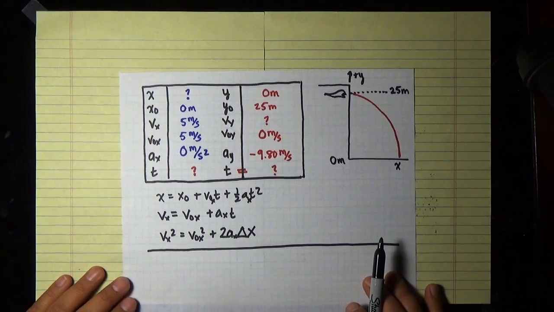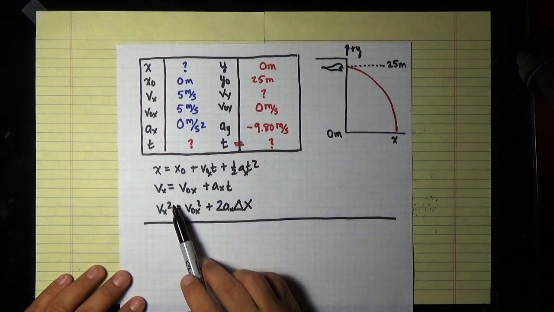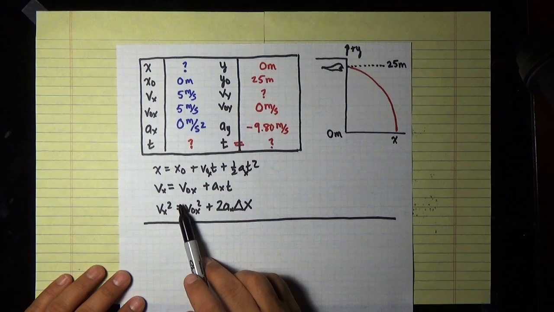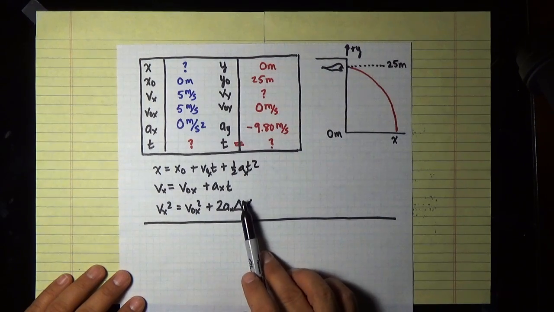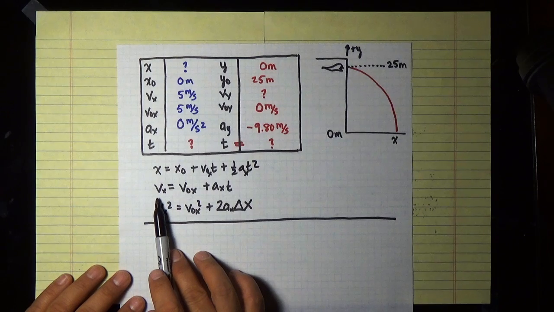So let's take a look at the kinematic equations. The first and second kinematic equations are the only ones that involve time. If I look at the second one, I can't use it to find time in this case because I don't know time and I don't know the final velocity. So that equation is not going to be useful for me.